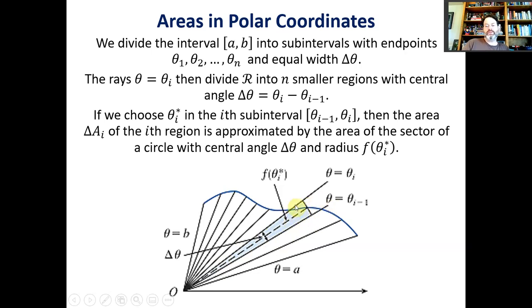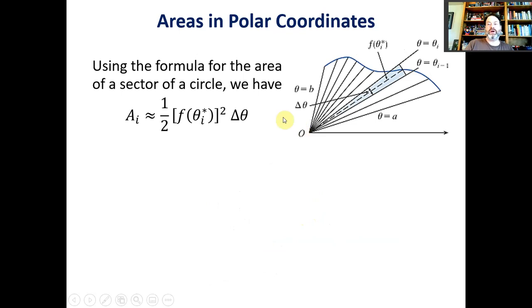And so we use the formula to compute. This would be just 1/2 r squared theta. And what you end up with is this. The length of the radius here is a point on the curve, and the curve is r equals f of theta, just some function of theta.